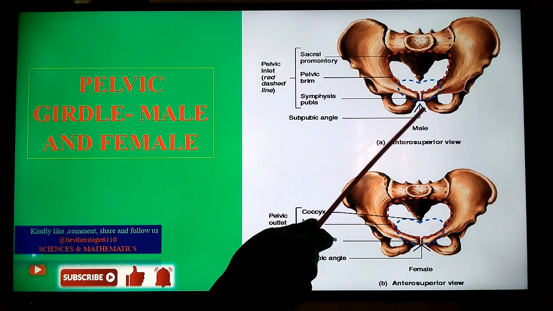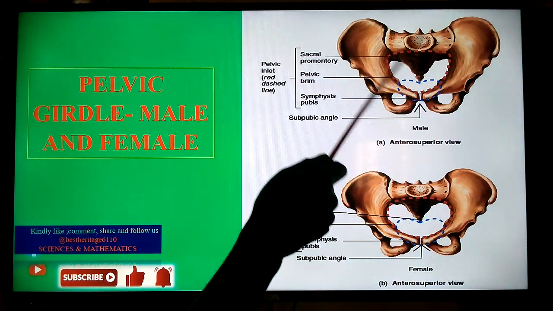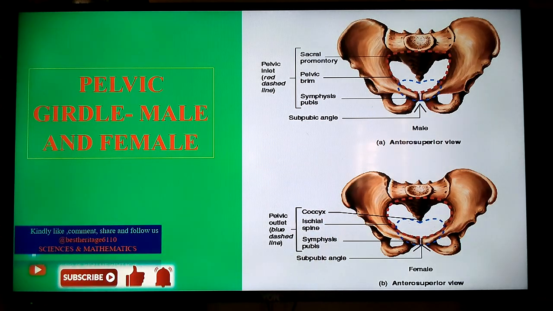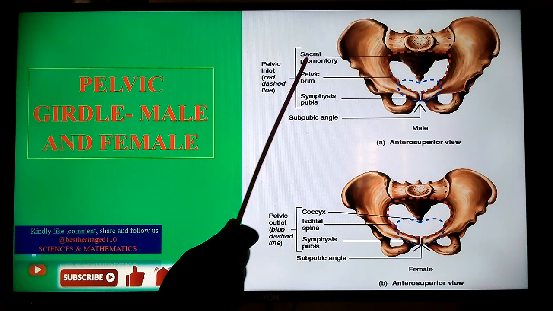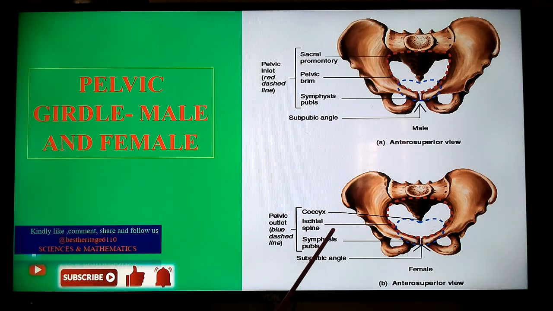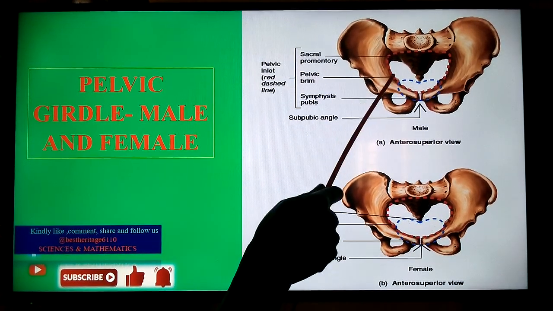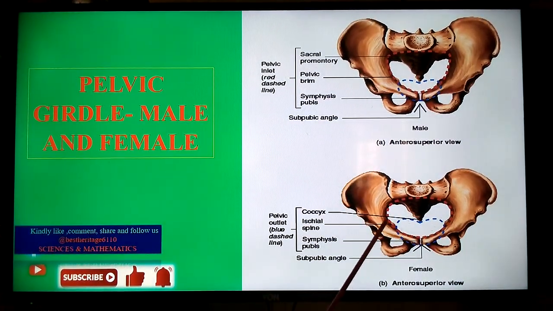And that one, apart from the pubic angle, creates a second contrast between the male and the female pelvic girdle. We're also going to see the ischial spine, which has some attachments, a protrusion that we can appreciate when we look at a detailed part of these pelvic girdles.